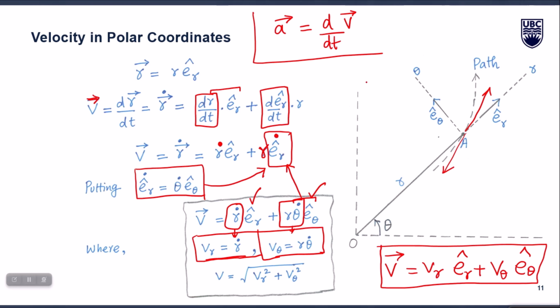And the v vector we have just determined is a sum of two terms. The first term is r dot e sub r plus r theta dot times the e sub theta unit vector, right? So the derivative will go to the first term separately and then the second term separately.